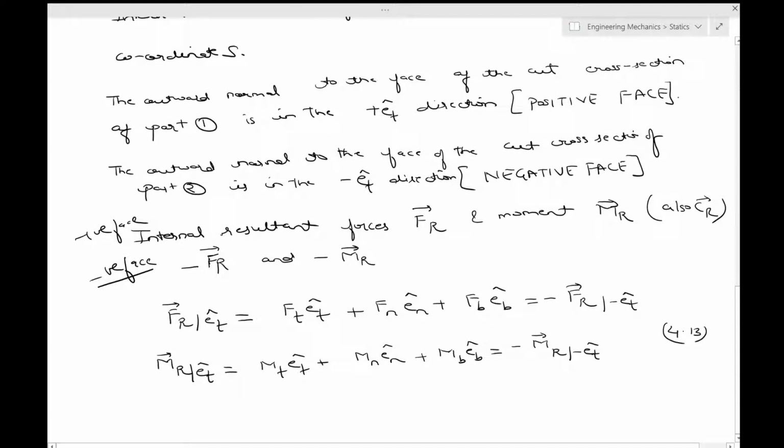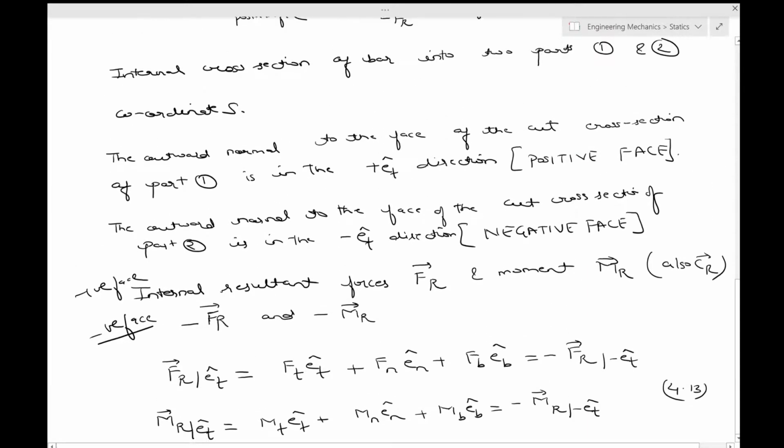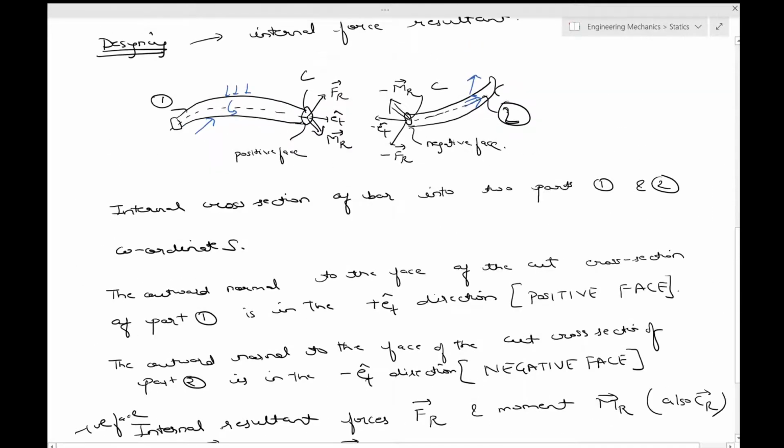Depending on which face you are writing, we write it this way. Irrespective of how you write, for example Ft Et means the tangential component of the force on the positive face, and similarly minus Ft Et is the tangential component of the force on the negative face.